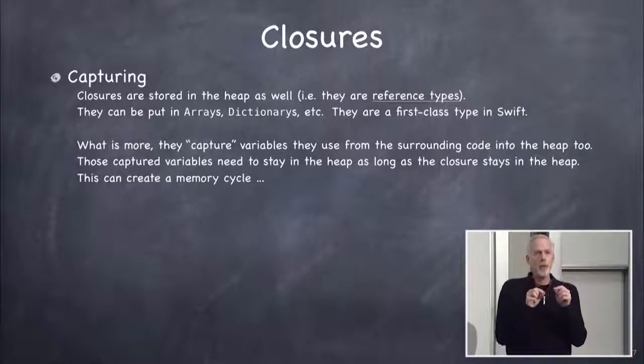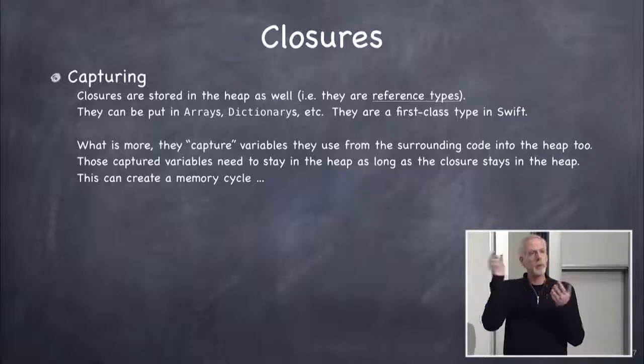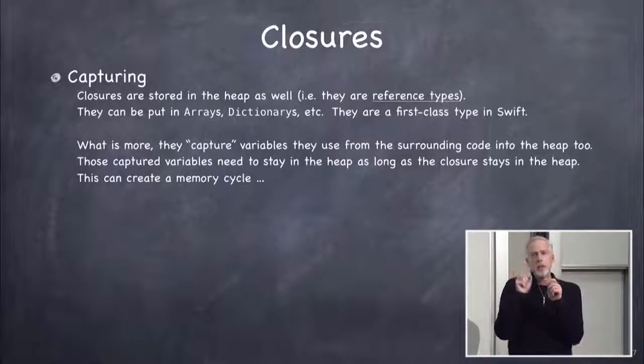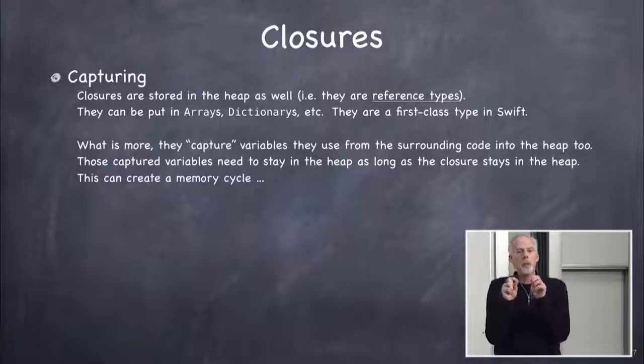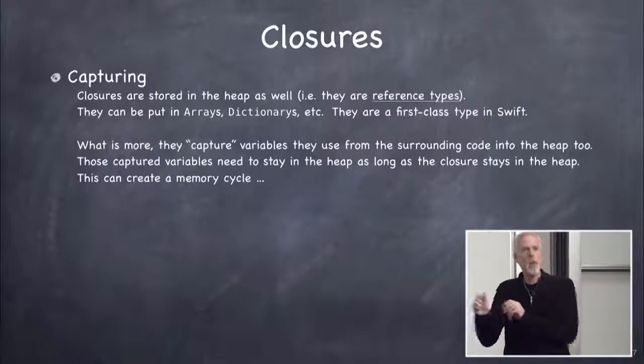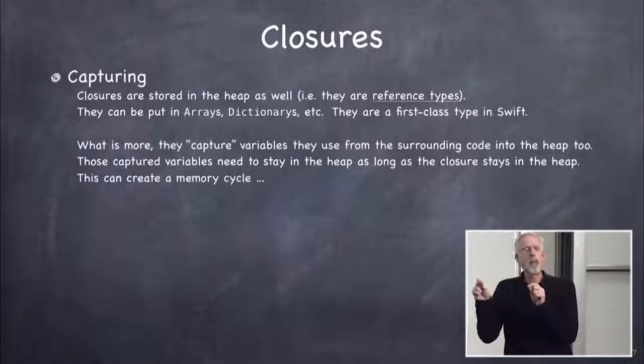Okay? So if you reference something inside a closure, remember what closures are, right? You open curly brace and we have some code in there like we had in our operations table of our calculator brain. So inside those curly braces, you reference some reference type, something that's in the heap. That closure is itself a reference type. It lives in the heap, and it's going to keep a strong pointer to the other thing.